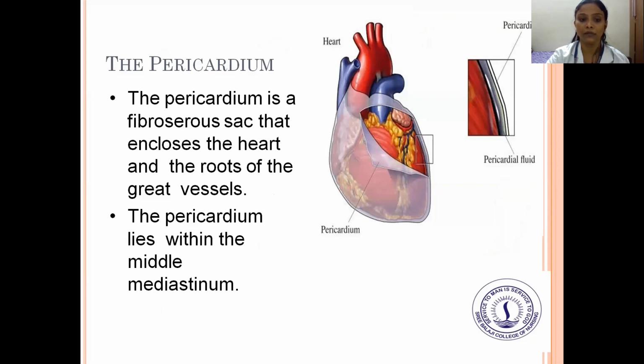The pericardium lies within the middle of the mediastinum. The pericardium has a fluid called pericardial fluid. You can see in this picture the structure of the heart, which shows the pericardium and the pericardial fluid.